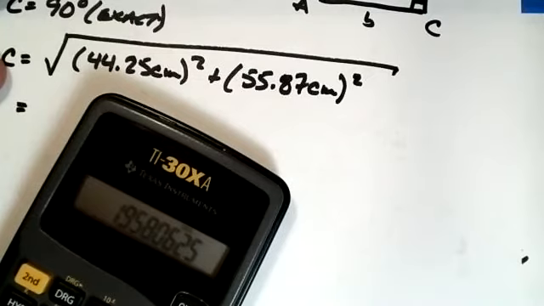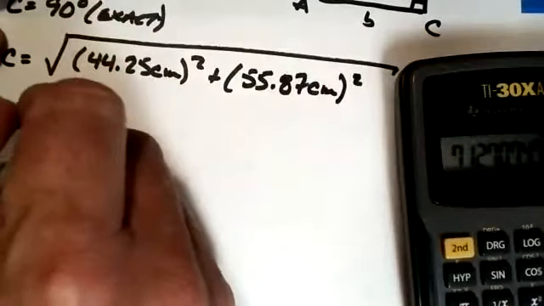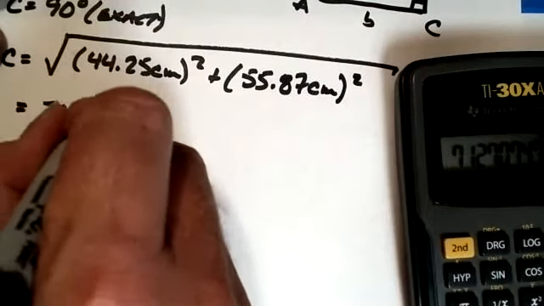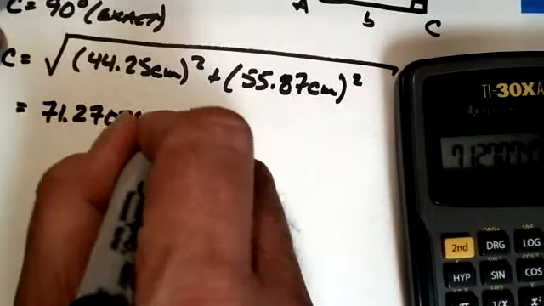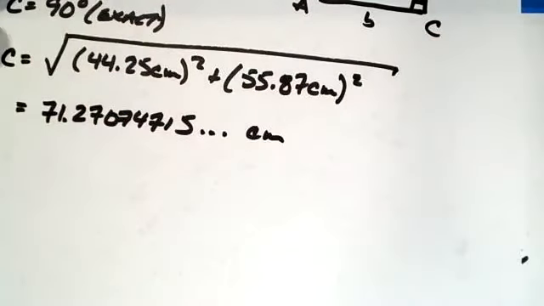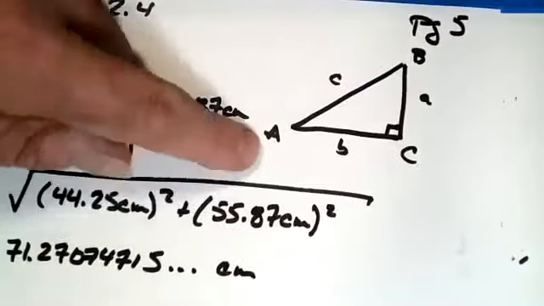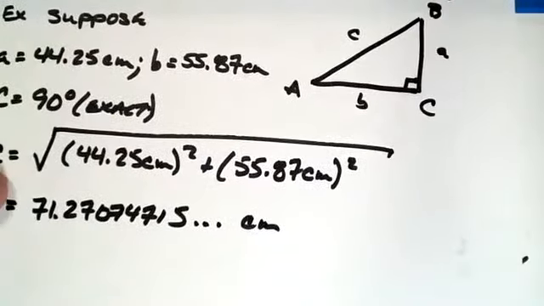So 44.25 squared plus 55.87 squared, and then take the square root, we end up with 71.27074715 centimeters. Okay, so that's the strategy for solving for the third side. We can use the Pythagorean theorem to do so.